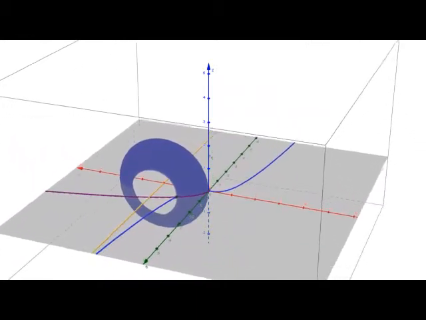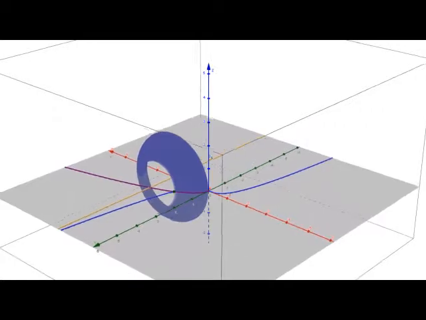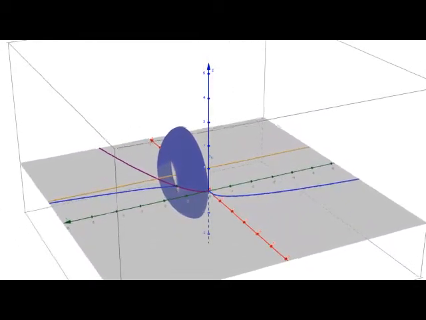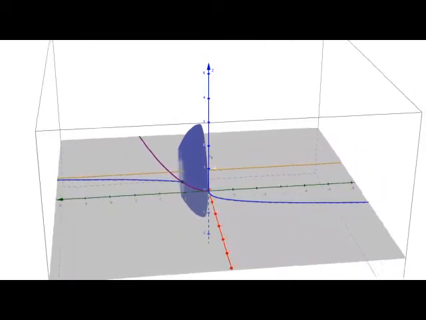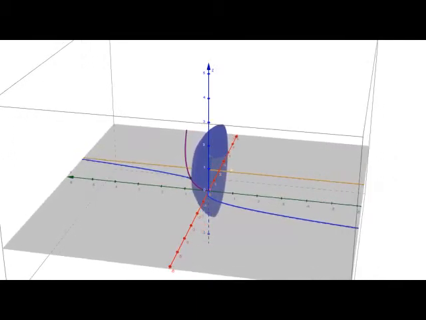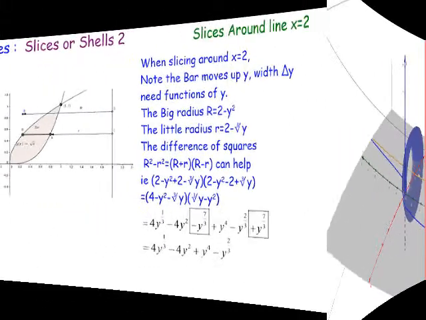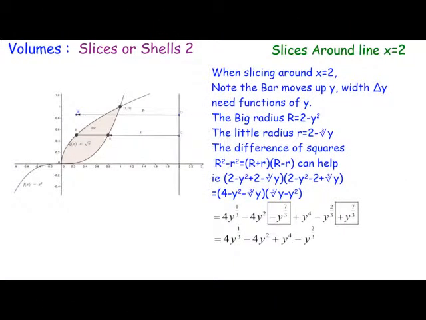Well, let's go back and calculate this one. Let's have a look at the actual radiuses.